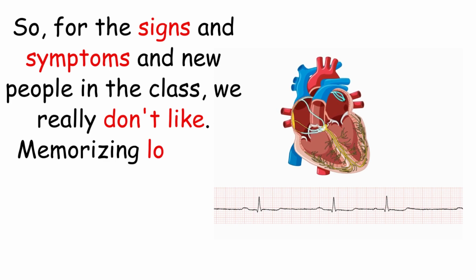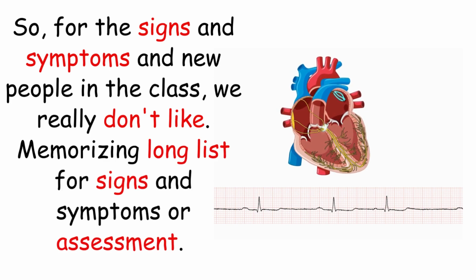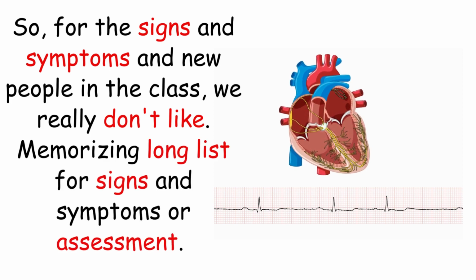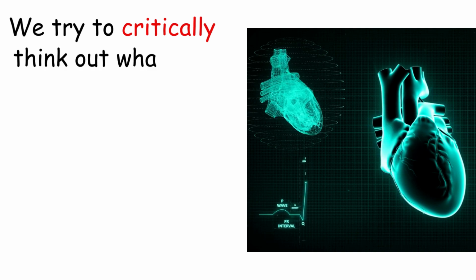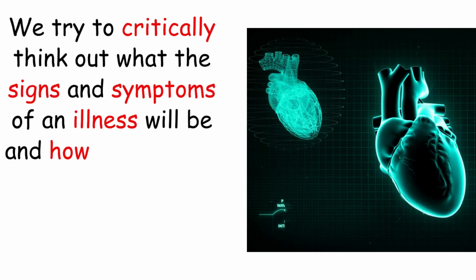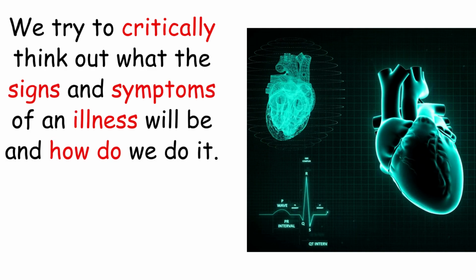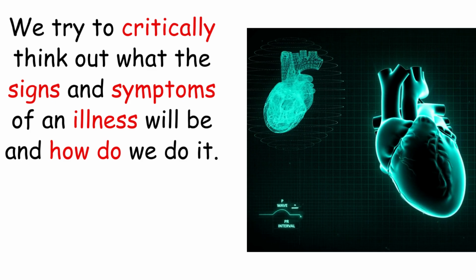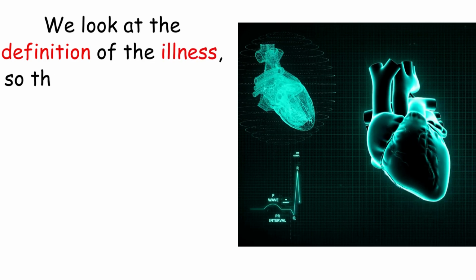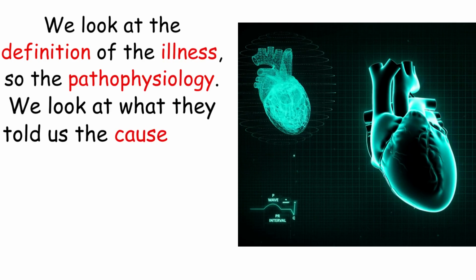So for the signs and symptoms, and new people in the class, we really don't like memorizing long lists for signs and symptoms or assessment. We try to critically think out what the signs and symptoms of an illness will be. And how do we do it? We look at the definition of the illness, so the pathophysiology.